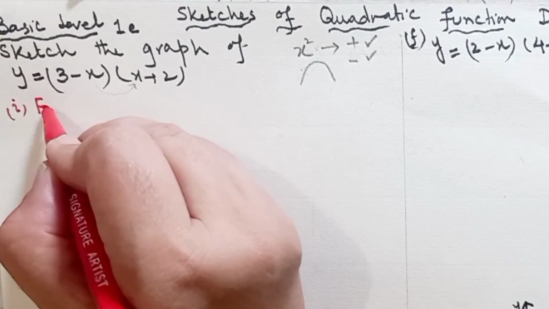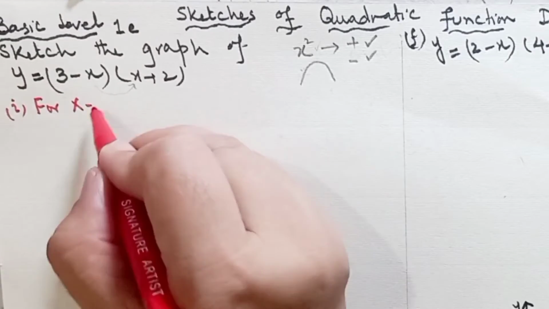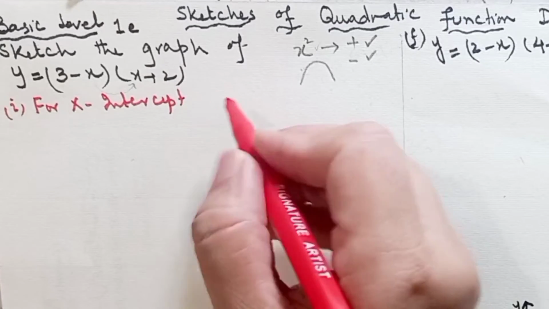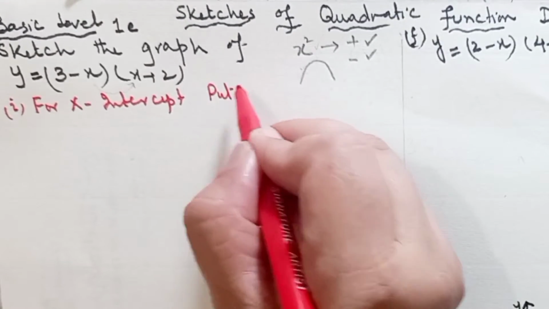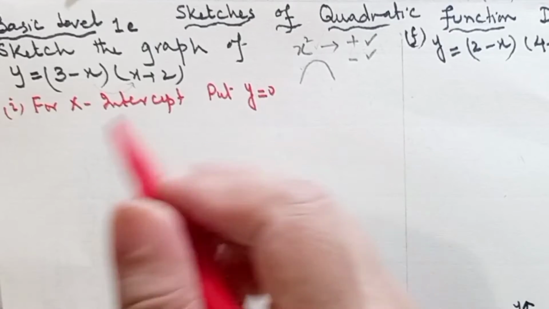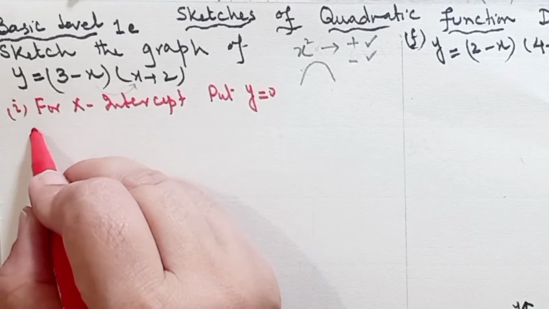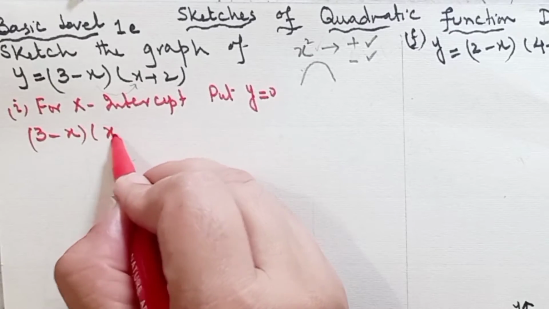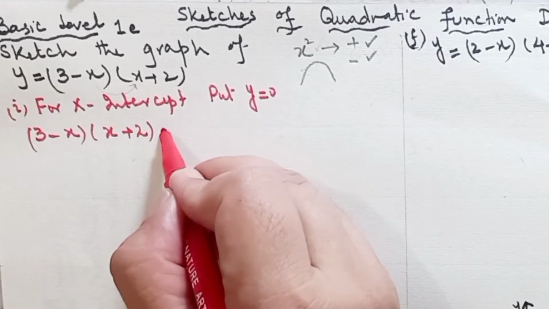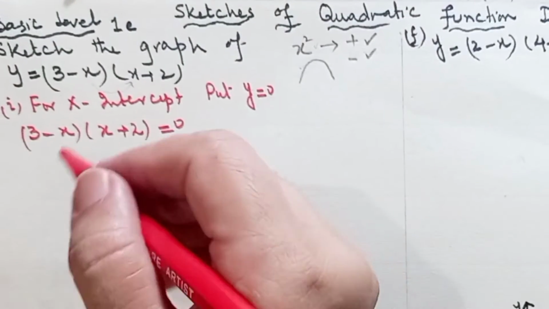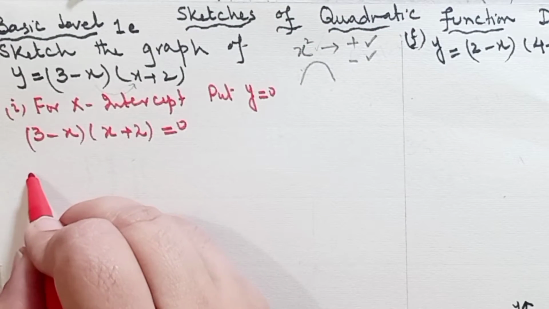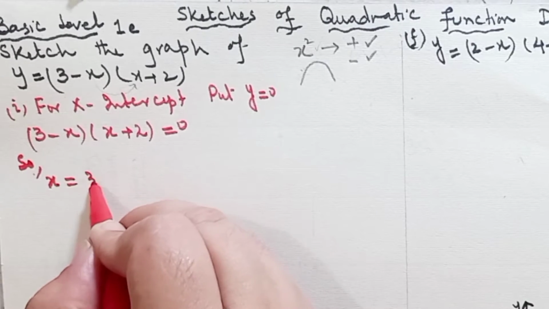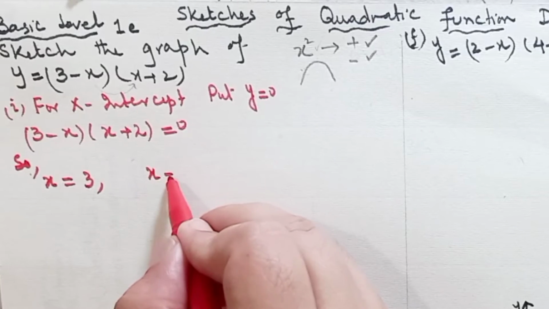x-intercepts. For x-intercept, we have to put y equals 0 in the given equation, and when I'm putting y equals 0, my equation will take the form 3 minus x and x plus 2 equals 0, and then I have to apply the either-or condition, and that will give me x equals 3 and x equals minus 2.